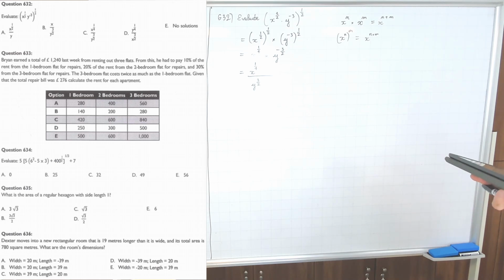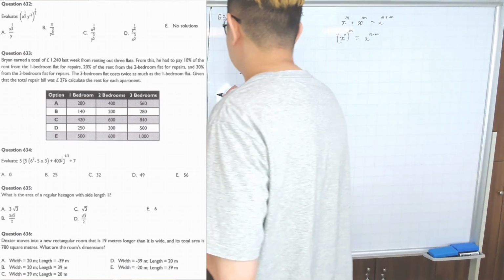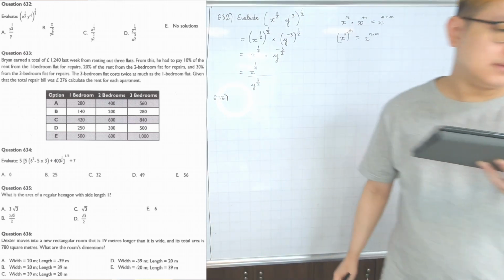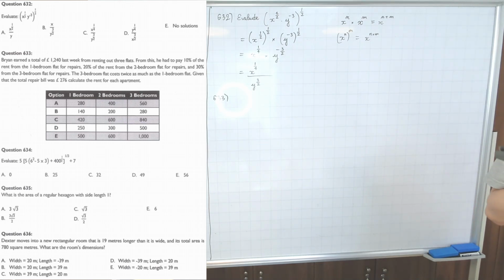Okay, question 633. Brian earned a total of £1,240 last week from renting out 3 flats.